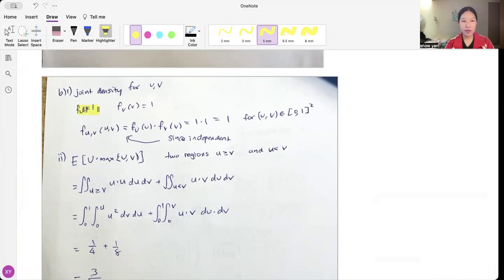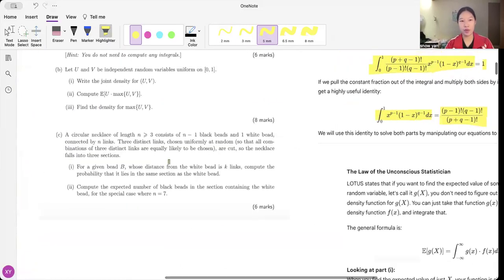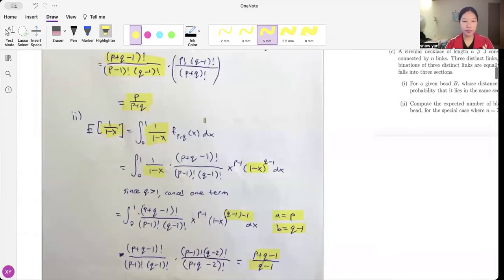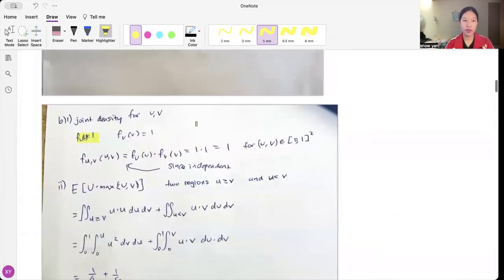So f of u is equal to 1 because it's uniform from 0 to 1, pretty straightforward. f of u is just 1, f of v is also just 1. So f of uv, since they're independent, we can write f of u times f of v, and since each of them is 1, 1 times 1 is just 1 for u, v in 0 to 1.